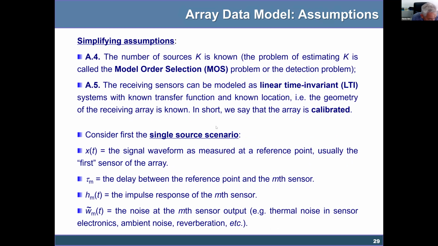Okay, so remember, our goal is to find the array data model. So what is the model of the data that we receive at the output of the M sensors? In order to derive this model, we made 5 simplifying assumptions. Now, some of them will be removed later, but let's start with these 5 simplifying assumptions.